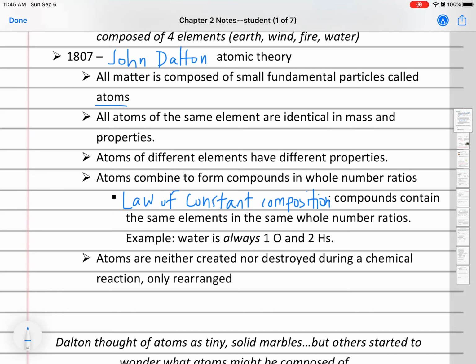For example, if you broke water down into oxygen and hydrogen, you'd always have 1 oxygen for every 2 hydrogens, twice as much hydrogen as oxygen. So water is always composed of 1 oxygen and 2 hydrogens.